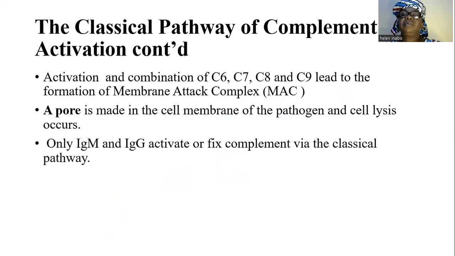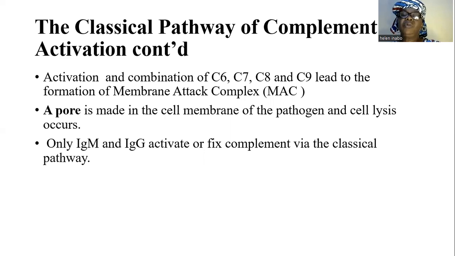Now, the C6, C7, C8, and C9 components will have to be activated by the C5 fragment, which has combined with the immune complex. This leads to the formation of the membrane attack complex. And once this is formed, a pore is made in the cell membrane of the pathogen and cell lysis occurs.